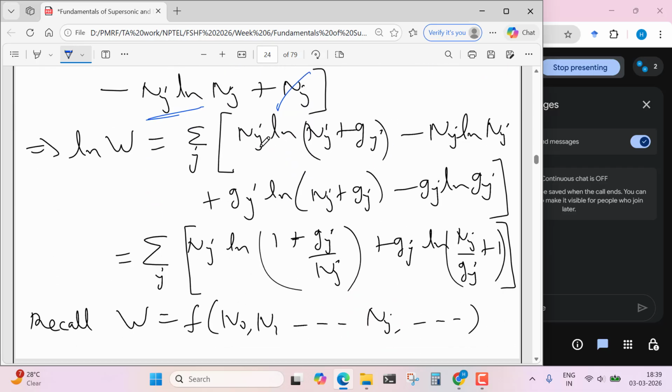We can take nj common here and gj common here, so we'll get sigma j nj log 1 plus gj upon nj. Here we have used the identity log a minus log b equal to log a upon b. So we get this plus gj log nj upon gj plus 1.